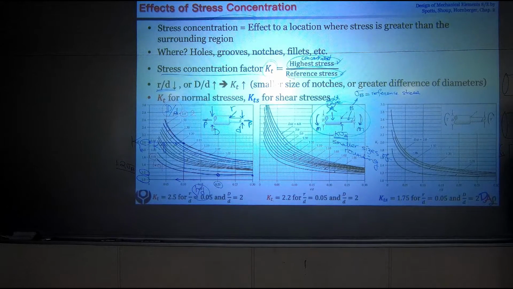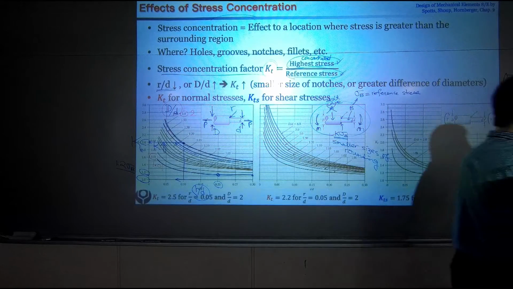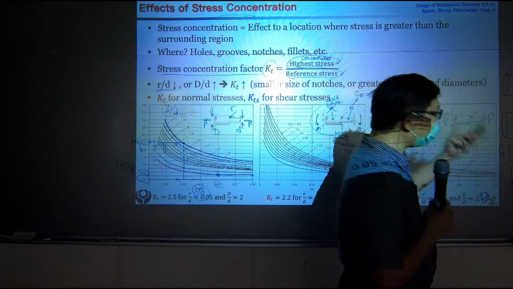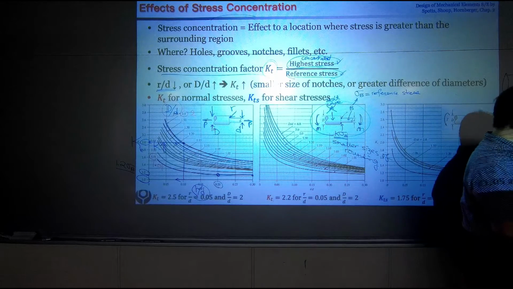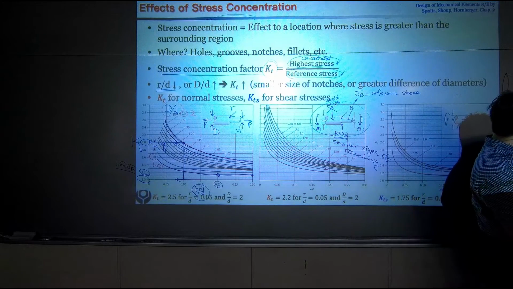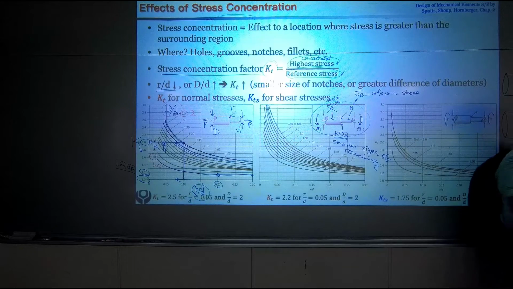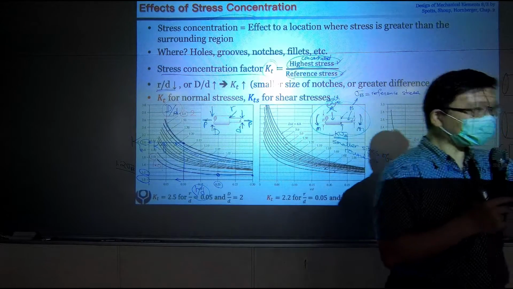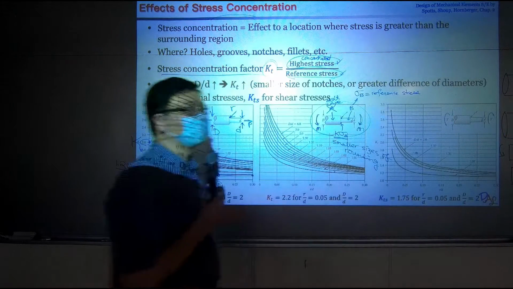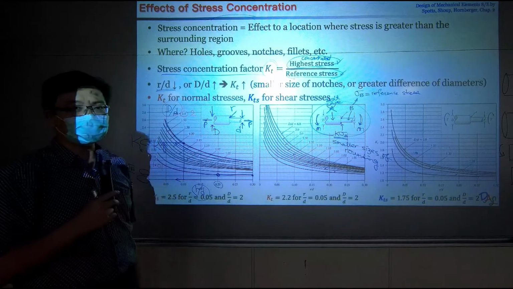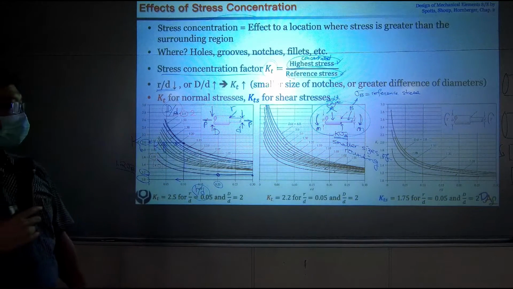So this is where you get your reference stress. Before this class, you may not have understood that for a design like this, the concentrated stress could be as large as 2 times the stress that you usually get. Okay, so this table is actually very useful.